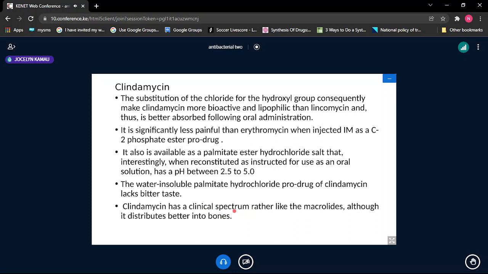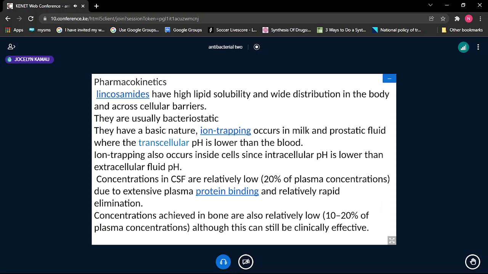They have similarities in their mode of action, and therefore we are saying the spectrum is very similar. But clindamycin has one advantage: it distributes better in bones, and therefore sometimes, like in spinal injury, you would find a lot of use of clindamycin for patients where it does not have toxicity, because as we are going to see, it has one drawback of toxicity.